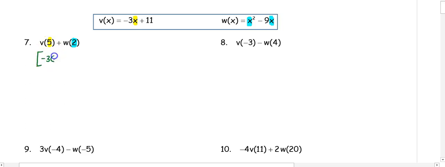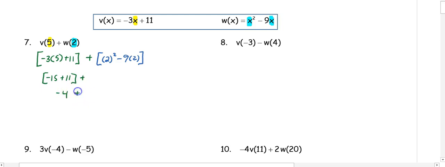So we have negative 3 times 5 plus 11, plus the equation for w, which would be 2 squared minus 9 times 2. We're going to evaluate each of those separately. In the first equation, negative 3 times 5 is negative 15, plus 11 gets us negative 4.